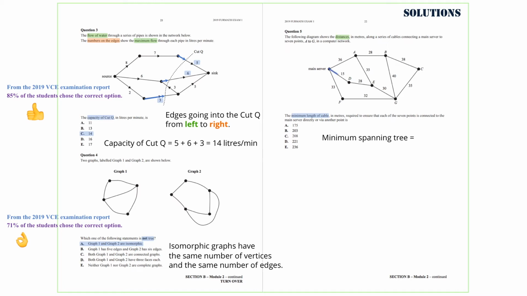We are going to start with the edge with the smallest length, that is from the main server to D, that is 15. We are now going to look for the edges with the next smaller length, that is 28, so from D to E and from A to B. We are going to continue in this manner until all the points are connected.